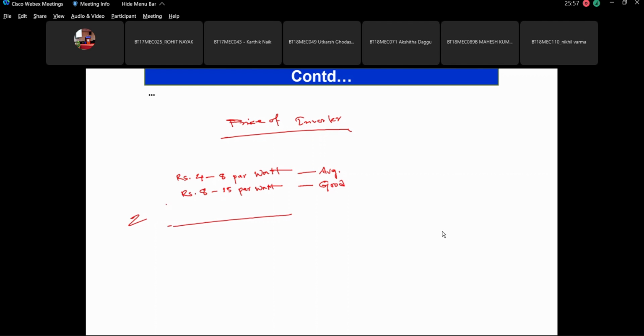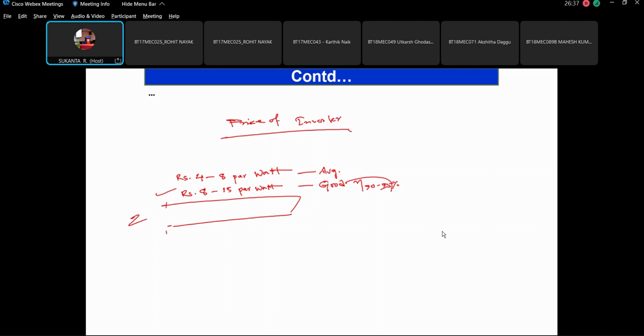So accordingly you can choose. For a good inverter the efficiency is also good, 90 to 95 percent, so the energy conversion loss from DC to AC is minimum.